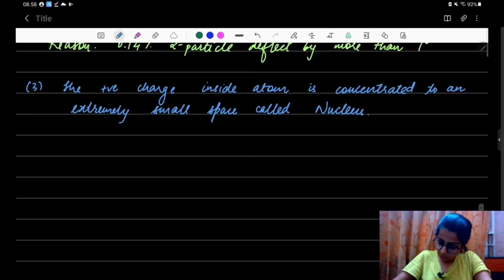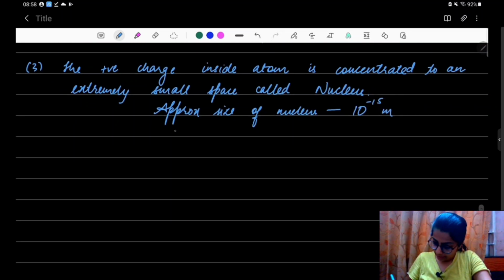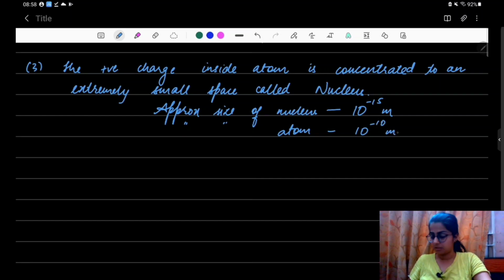And he also gave that the approximate size of nucleus is 10 raised to minus 15 meter, and the approximate size of atom is 10 raised to minus 10 meter.